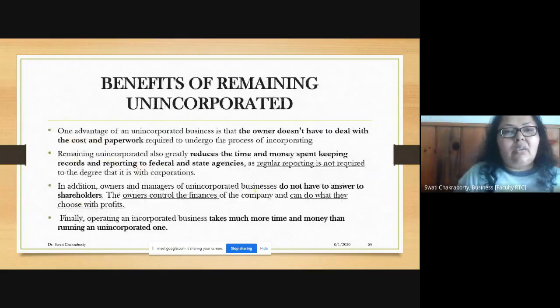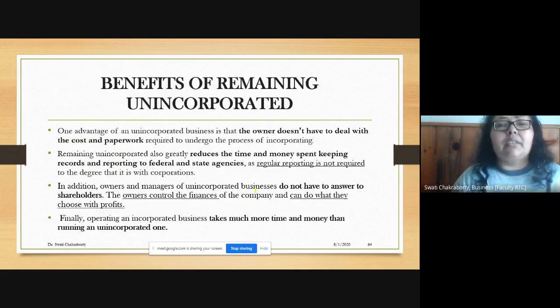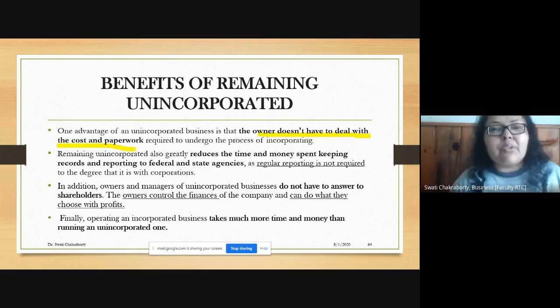Okay, right? So what are the benefits of remaining unincorporated? What can happen if we don't go for incorporation? The owner doesn't have to deal with the cost and paperwork required for the incorporation process. Time and money spent keeping records and reporting to federal and state agencies can be reduced, right?